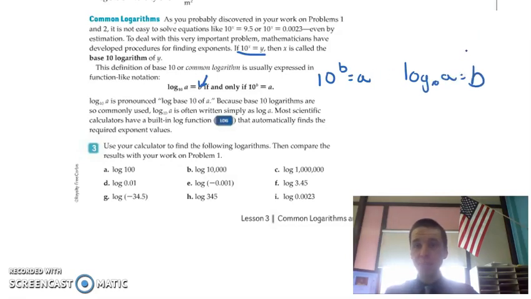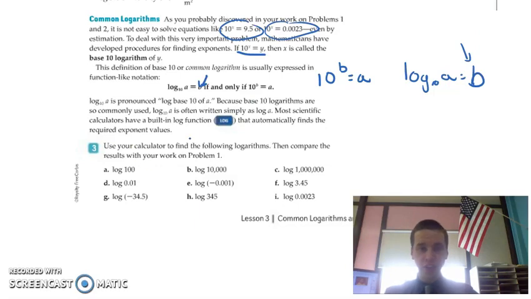You'll notice that b is the exponent in the exponential function, and b is alone now. Where b is the answer here, b is the exponent here, this is going to help us solve problems where we don't know the exponent. So we use logarithms to solve for the exponent in exponential functions.